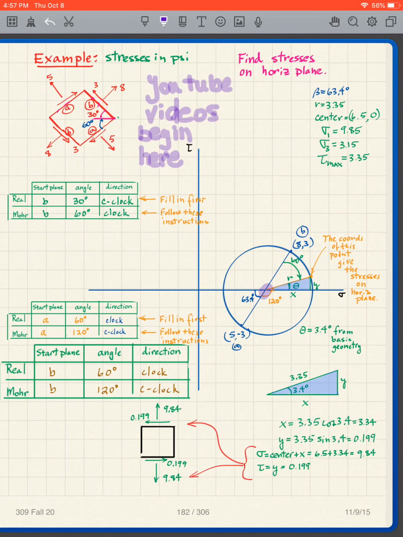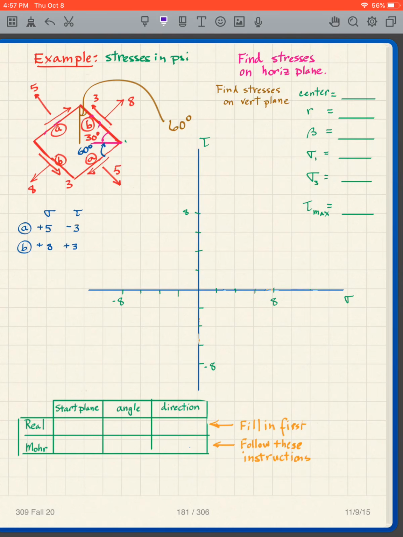And my radius is going to be, well, I guess I haven't drawn it here. Maybe I should just sketch it over here.